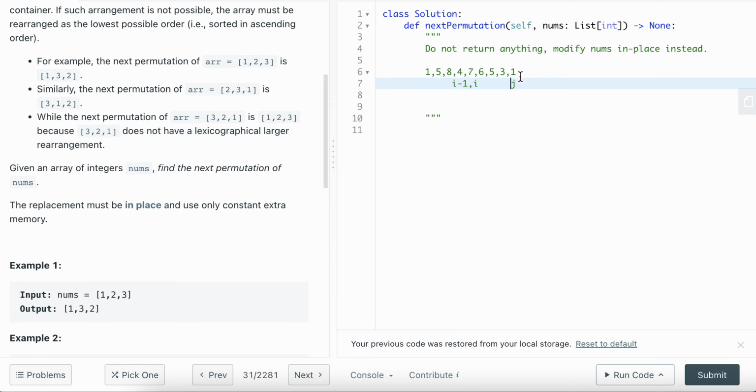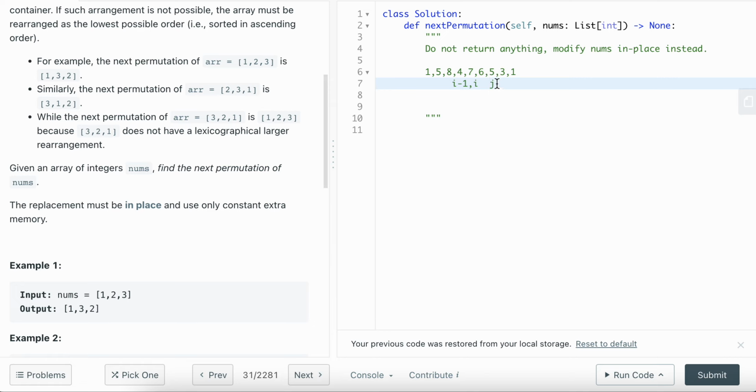If j is smaller than i minus 1, you want to continue to move j, decreasing j to the left until j is bigger than i minus 1. Then you stop right there. So is 1 smaller than 4? Yeah. So we move j to 3, right? 3 smaller than 4? Yes. And 5 smaller than 4? No. 5 is bigger than 4. So we stop j right there.